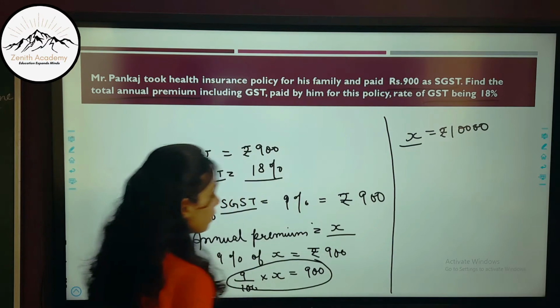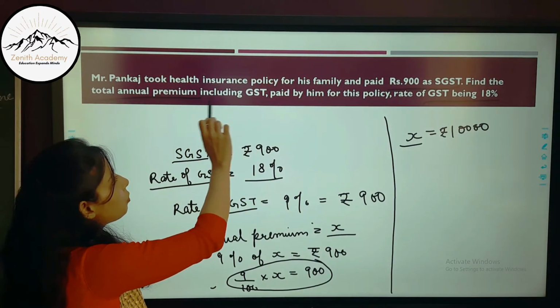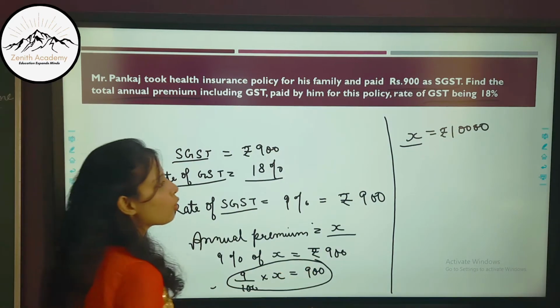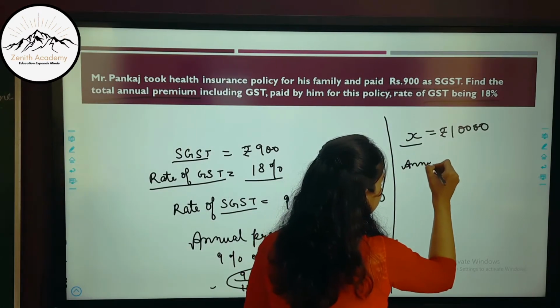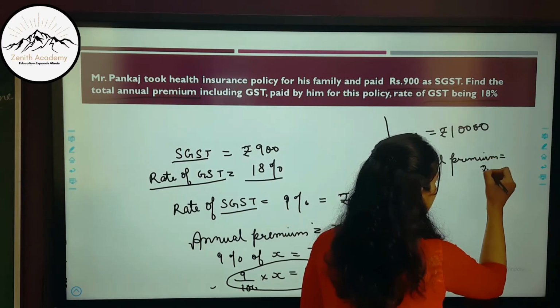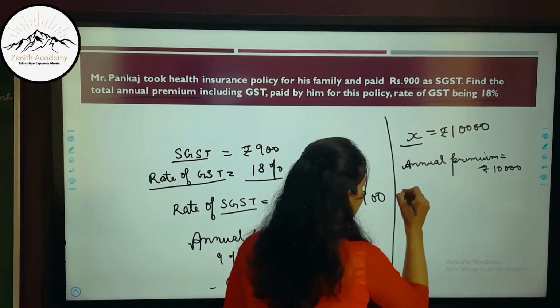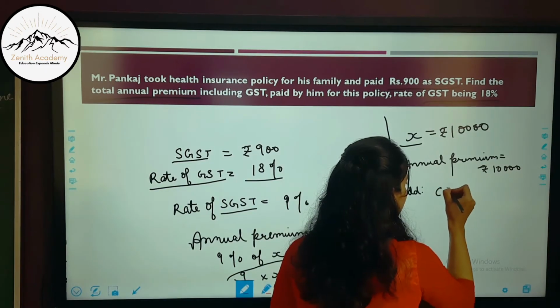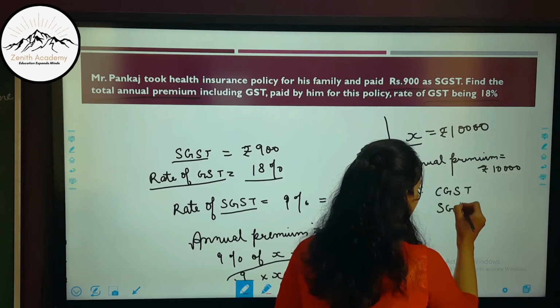Now, this X is without GST and we need to find the total annual premium including GST. So, how will we do that? Our annual premium is equal to rupees 10,000. Now here we will add CGST and SGST amount.